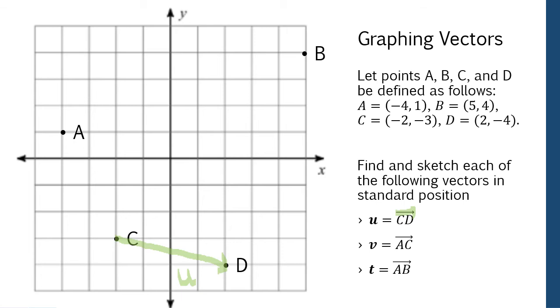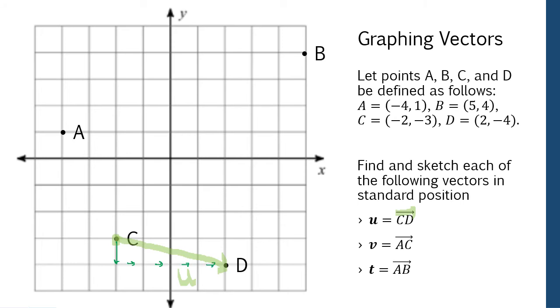So we want to draw an arrow that has the same length and the same direction, but that starts at the origin instead of starting at point C. So to do this, let's think about the x and the y displacement. To get from point C to point D, we went down 1 unit and to the right 1, 2, 3, 4 units.